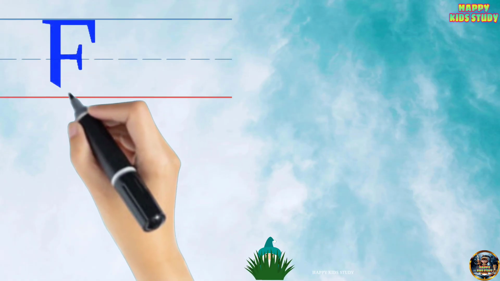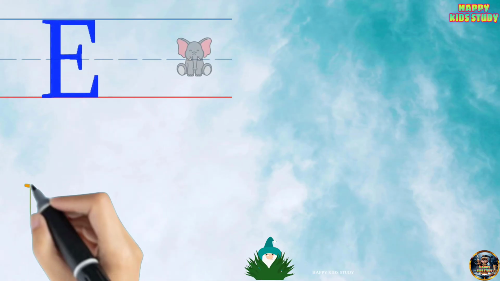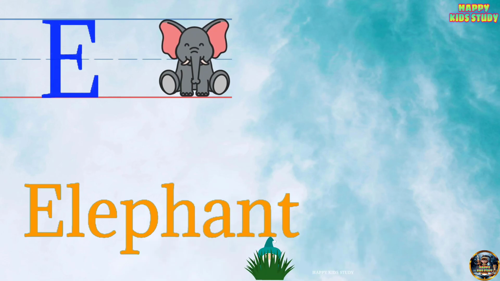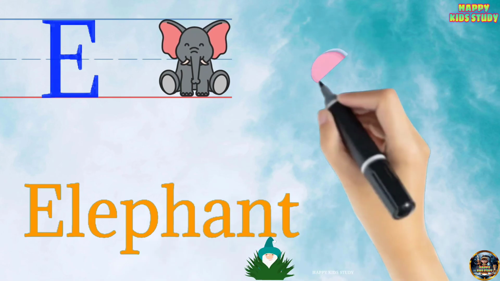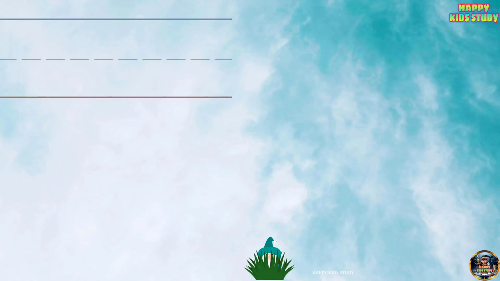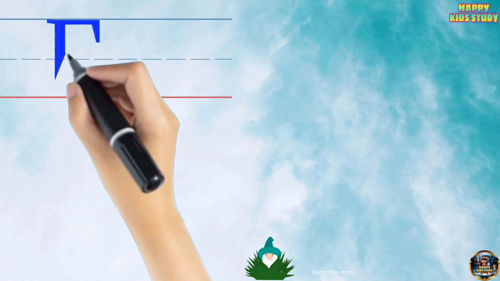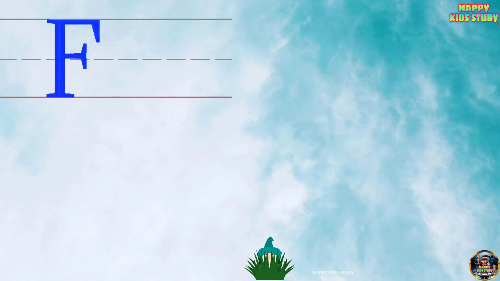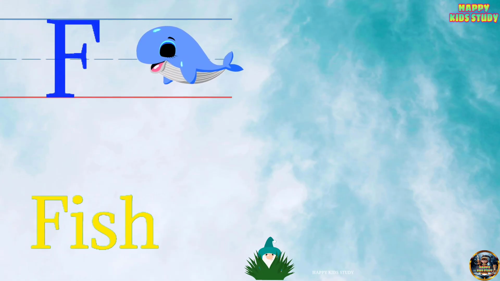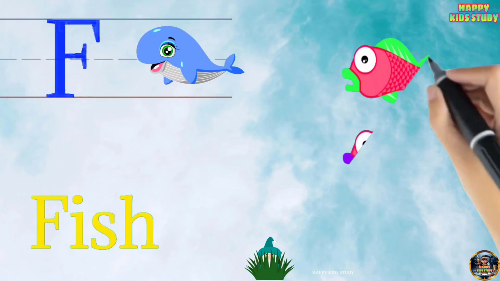E. E for elephant. Elephant means hathi. F. F for fish. Fish means machli.